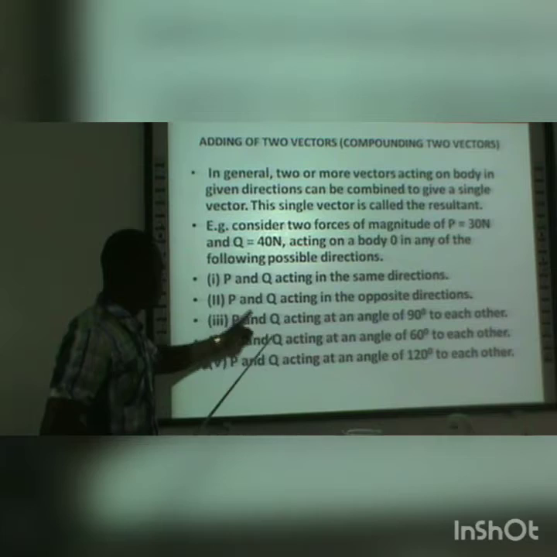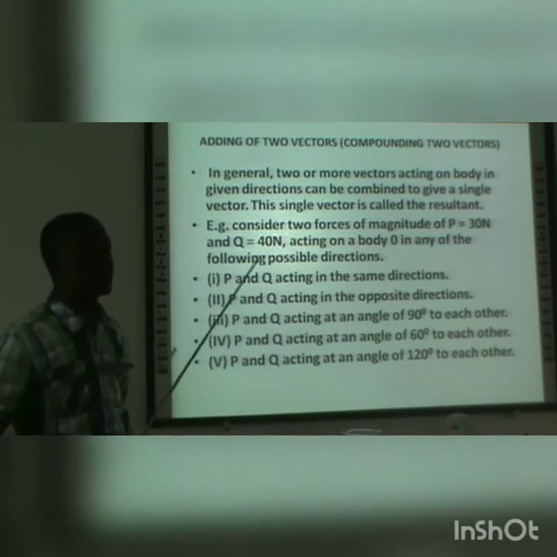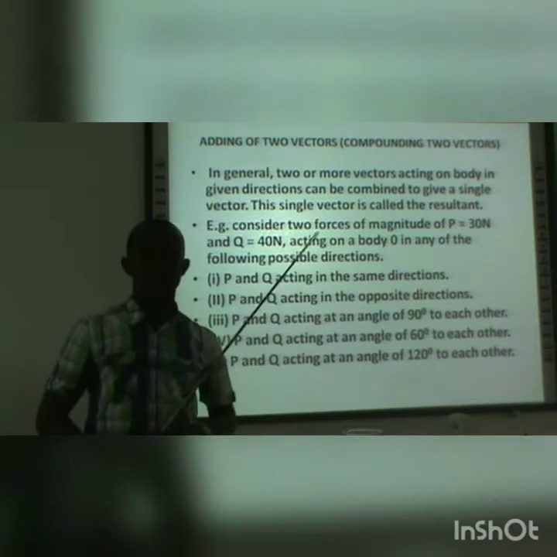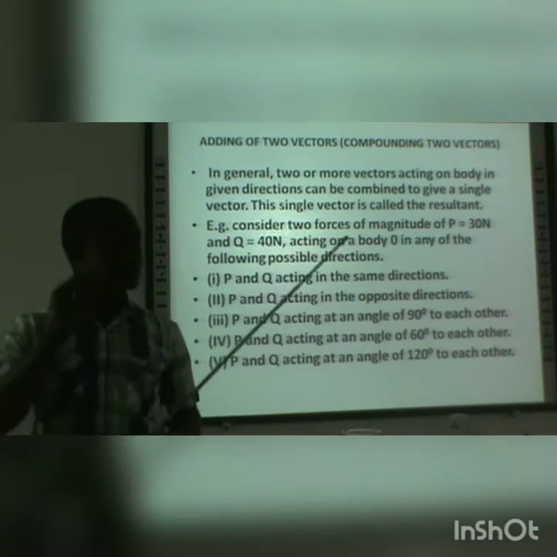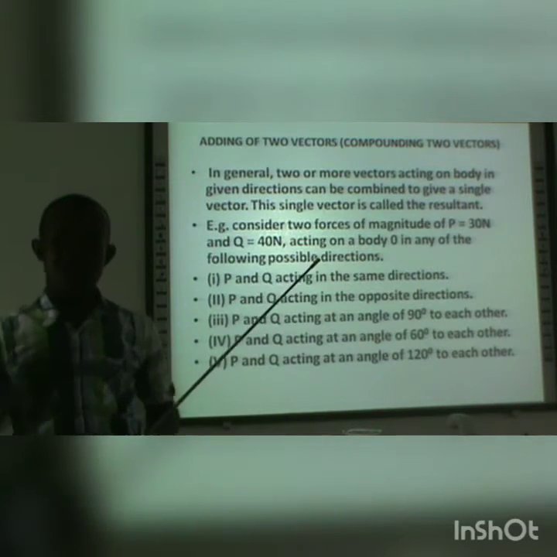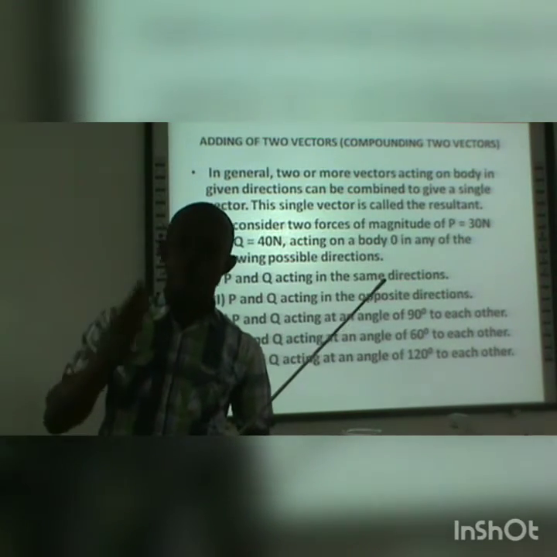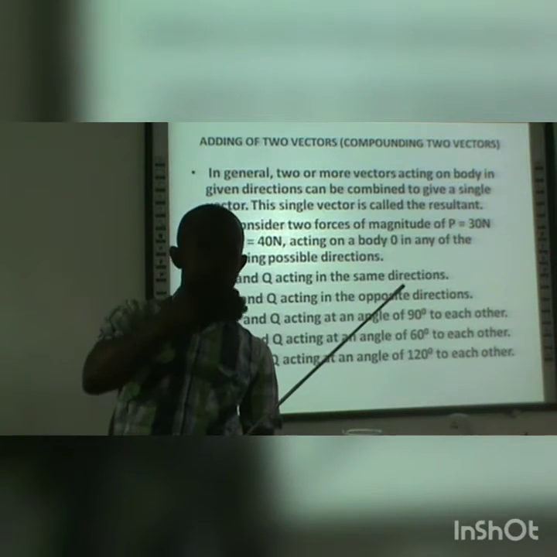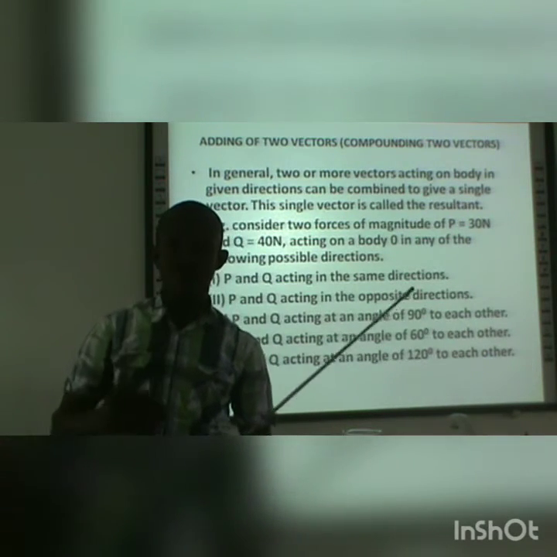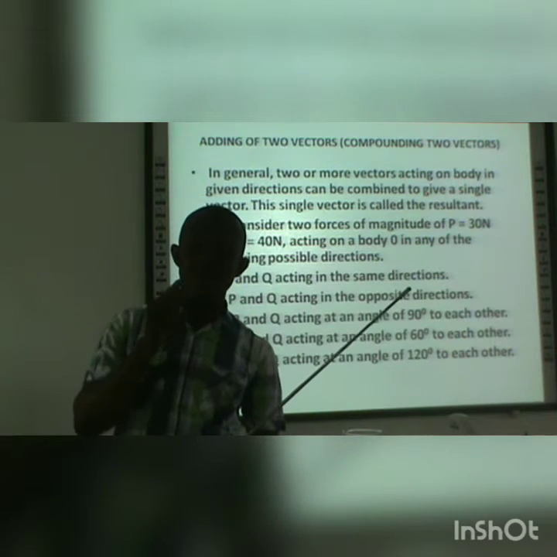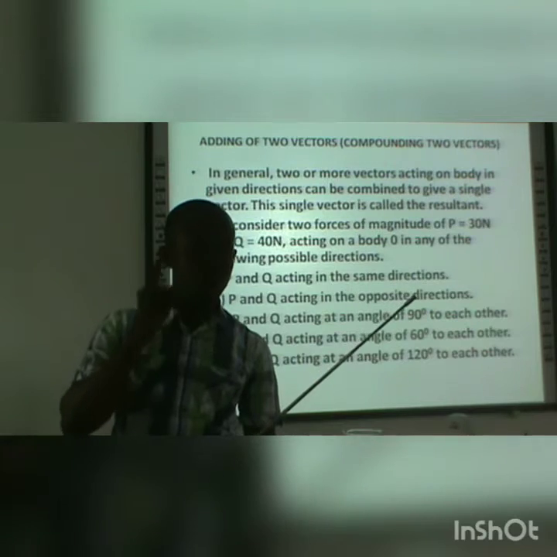Look at number 2, P and Q acting in opposite direction. P is 30 newtons, while Q is 40 newtons. And since they are acting in opposite direction, you subtract 30 from 40 to give us the value of 10 newtons. So the resultant vector here is 10 newtons.